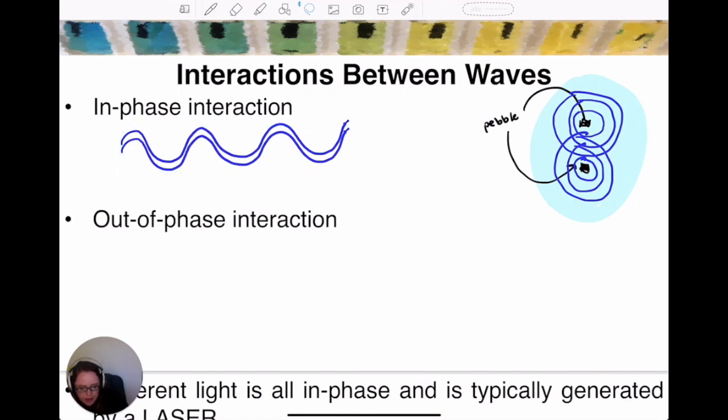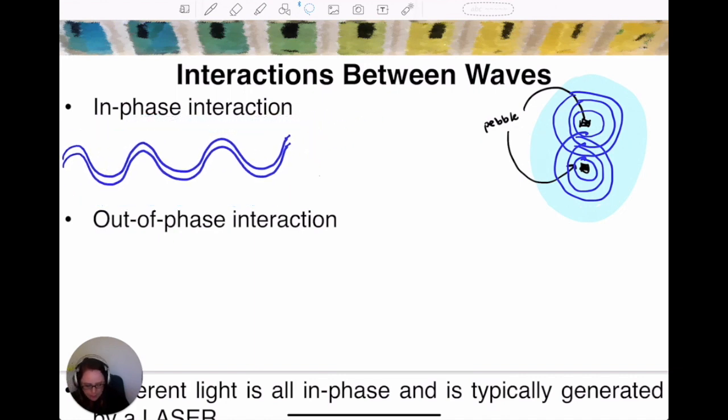Here we'd have an in-phase interaction. These two waves are going to add together and make one with double the amplitude.